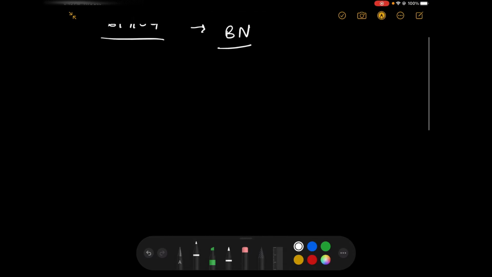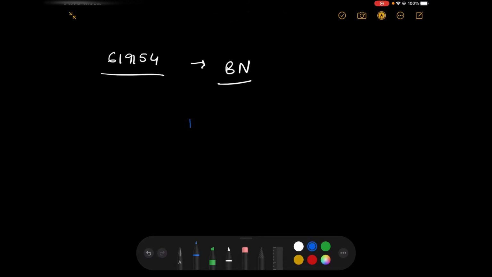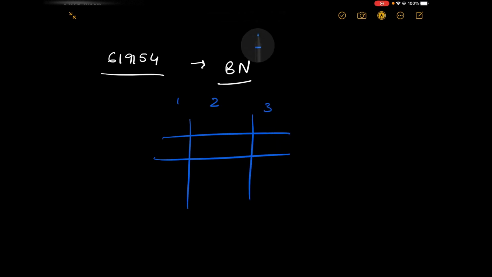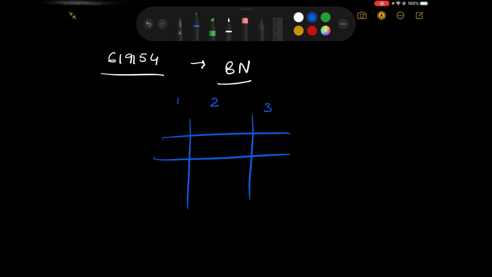First we will draw a table which has 3 columns. In the first column we are going to write the number which you want to convert into binary.